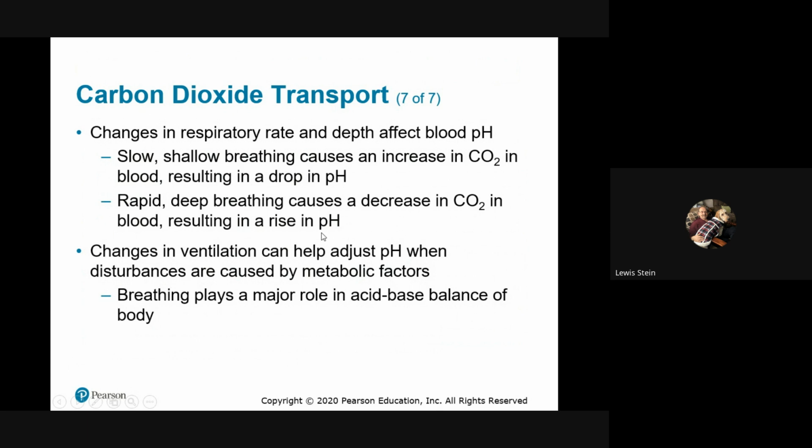If we blow off CO2, we rid ourselves of a certain amount of acidity. If we can't do that, we retain it. So we can help adjust pH when disturbances are caused by metabolic factors.